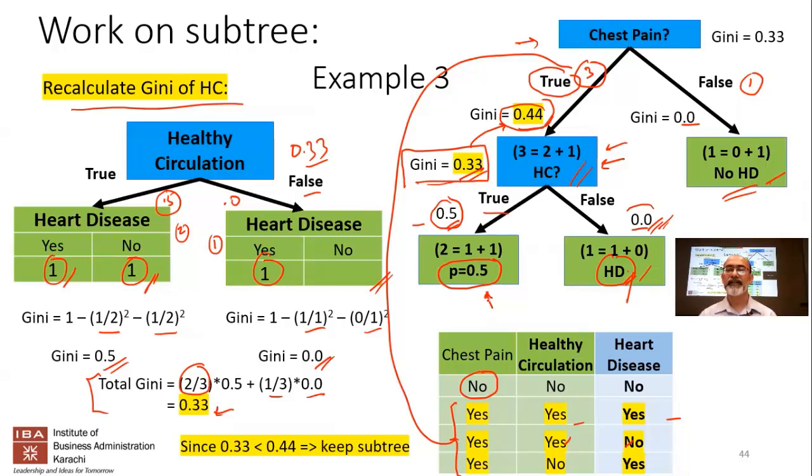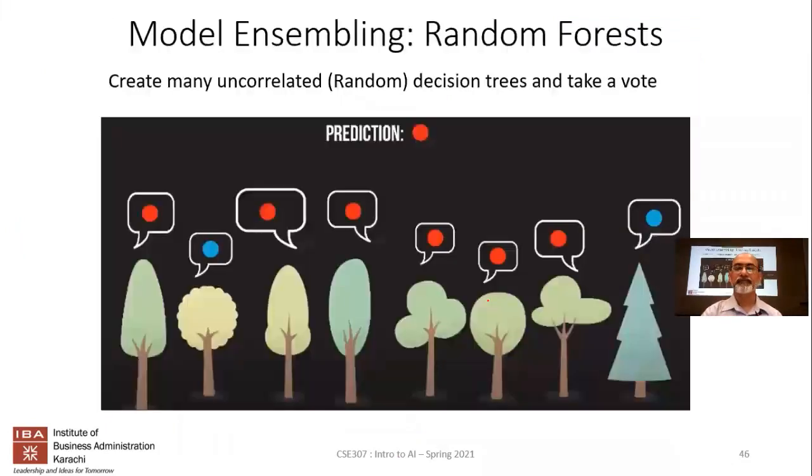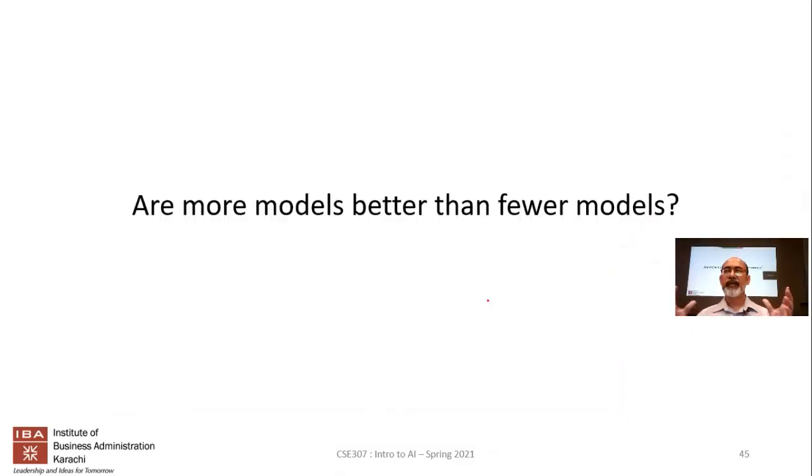Now, another technique which we haven't talked about is something called ensembling, okay? So ensembling basically says that we're going to take, and this is true for a lot of other cases, it's not really only valid for decision trees. Basically, what it says is, can you take more models and take the results, and is it better than fewer models?